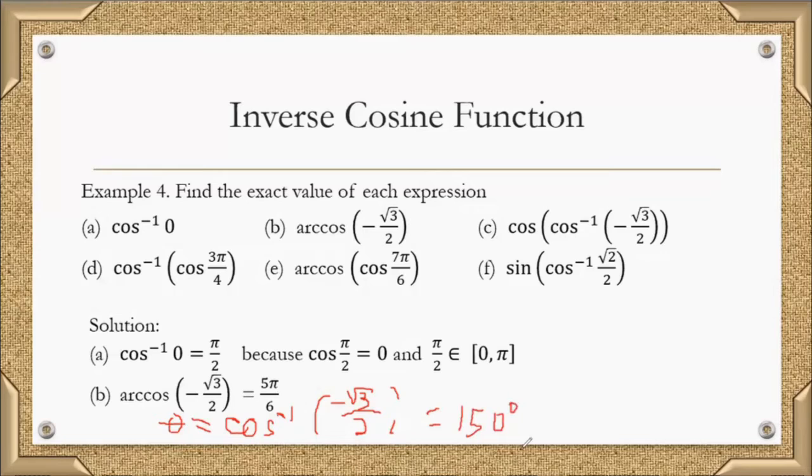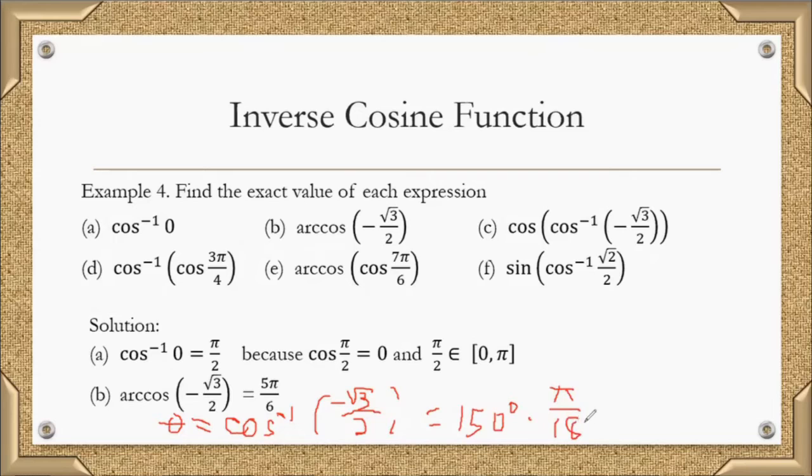Okay. Kailangan natin siyang i-convert into real number using the radian measure. So ang gawin mo lang ay 150 multiply mo with pi over 180. Ayan, para sa conversion.